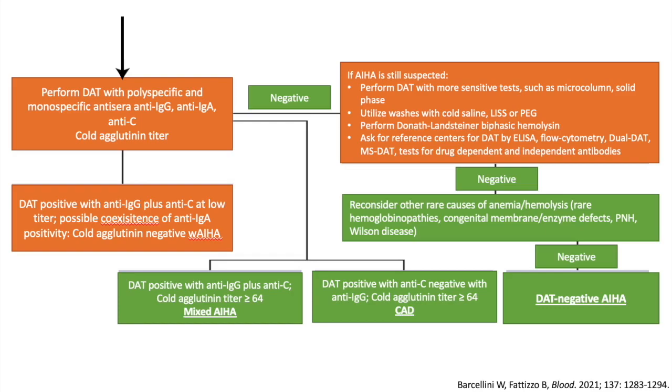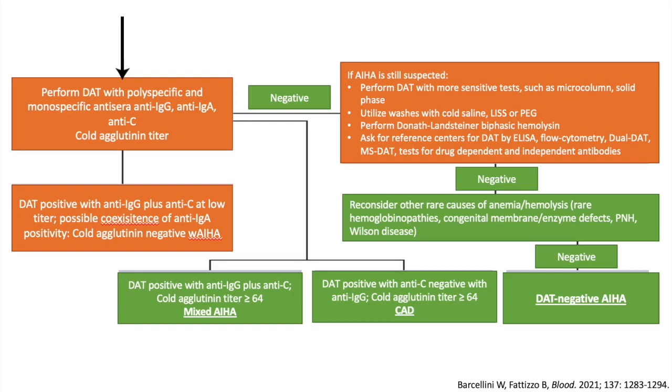So the indirect antiglobulin test is very important to unravel the presence of alloantibodies that may be particularly harmful when you need to transfuse your patients, because they may lead to transfusion reactions.